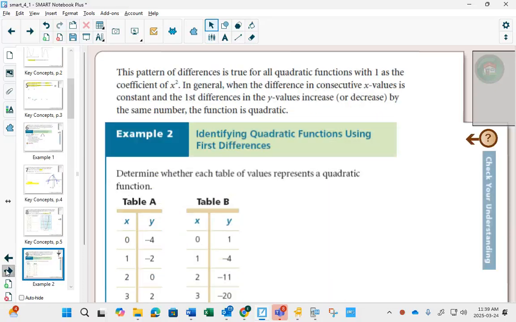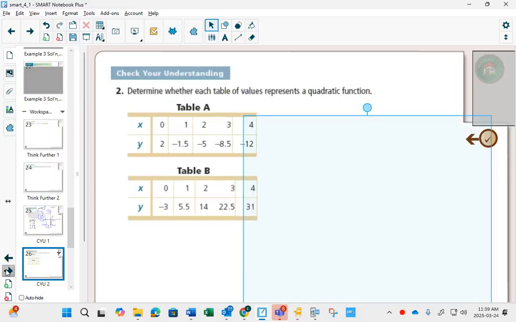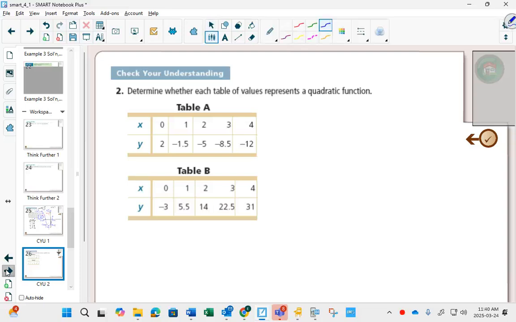So when we get to example 2 here, we want to tell, based on the first differences, whether or not these are quadratic functions. Do they have that 1, 3, 5, 7 pattern or not? So I look. What's happening when I go from 2 to negative 1.5? I have gone down 3.5. If I do it again, negative 1.5, I'm going down 3.5. Do you notice these are always going down 3.5?